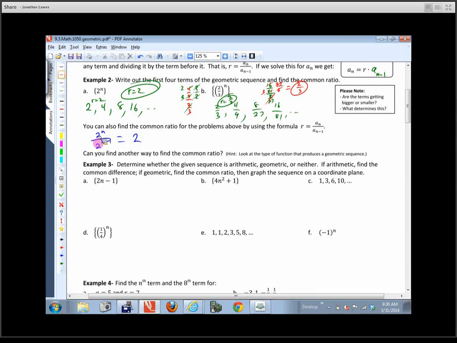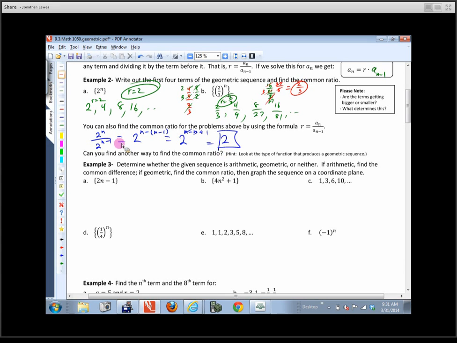If we have the same base on the top and the bottom when we're doing division, we subtract the bottom exponent from the top. So that's going to be n minus (n minus 1), which is n minus n plus 1. These cancel each other out, so we end up with a 2. That right there is the ratio.